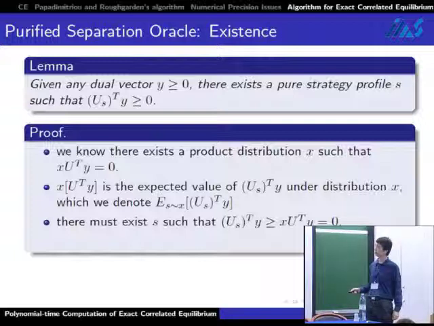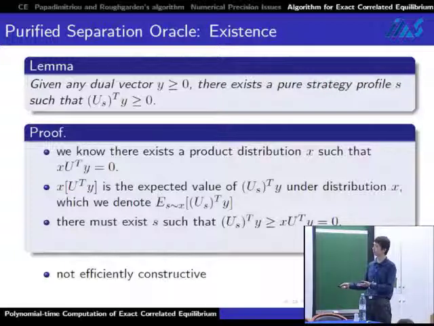Now we can think of this expression as the expected value of the rows of D under the distribution X, which we can write as an expectation. Because this is an expectation, there must be one S such that it achieves a value at least as great as the expectation, which is 0. So that basically follows from there.